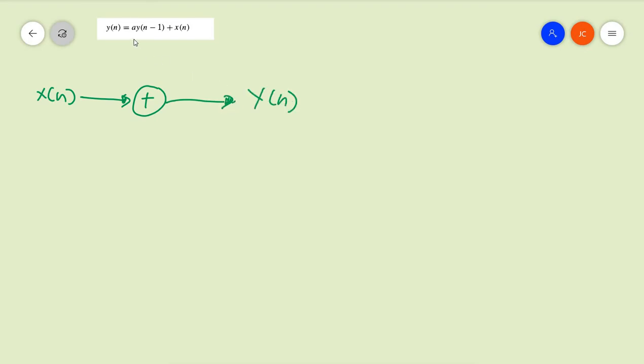However, we're missing this one. So we're going to add the a, and remember that when there's a delay, we use z to the negative 1. So that's our block diagram representation of this one.